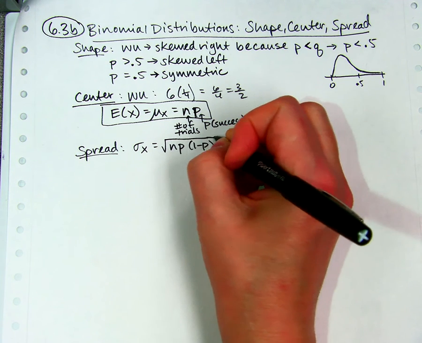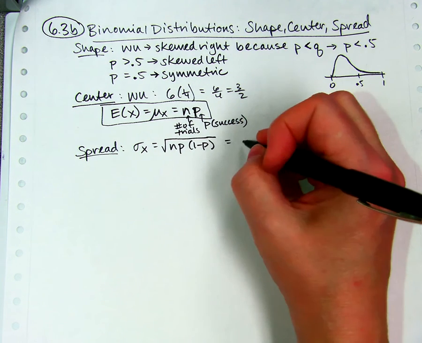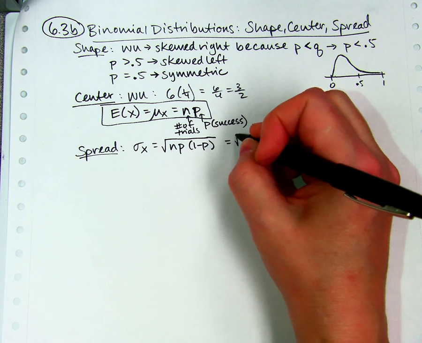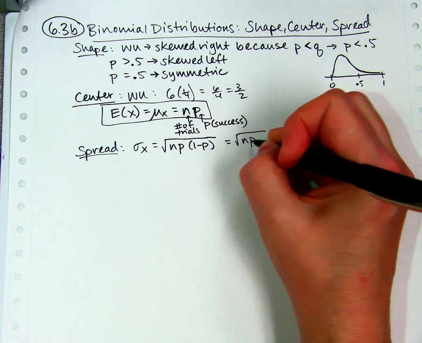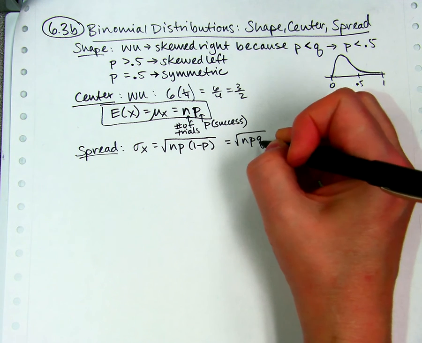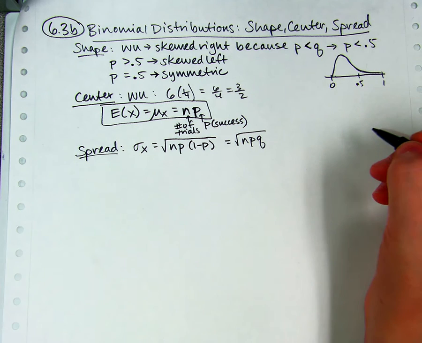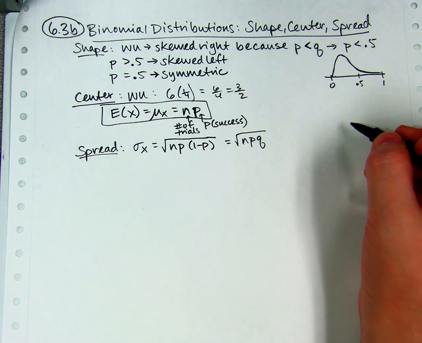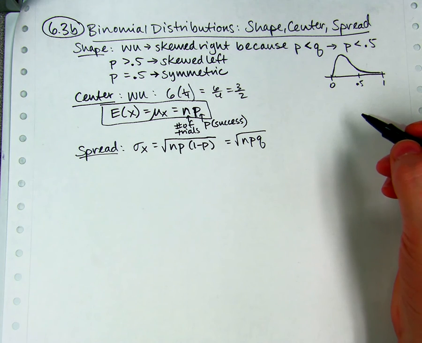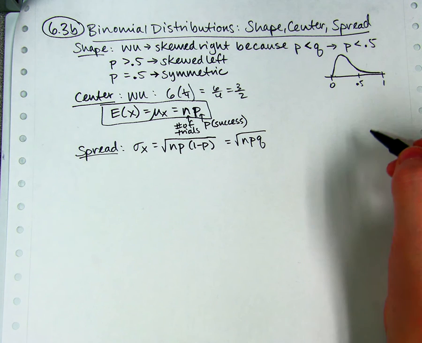That's the way the book writes it. I like to replace 1 minus p with q. And again, if I forget to say that, somebody will ask me, what's q? It's 1 minus p. So anyway, npq, I have it memorized that way because it's easy to memorize. But you don't have to memorize it. You're going to write it on a formula sheet and use it. Your weekly summary, that's what it's for.